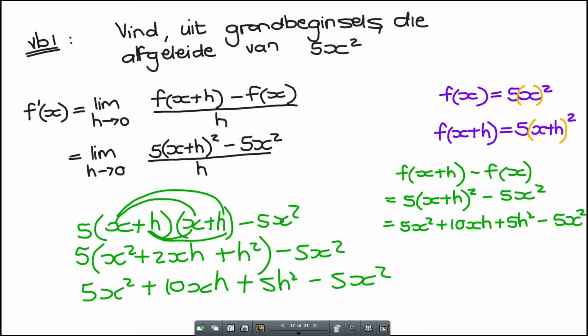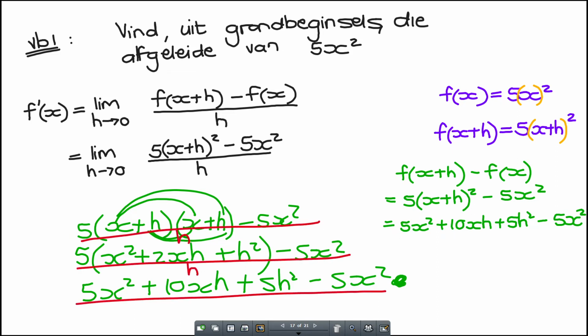Do you have to have? No, you could technically skip to this. Dit is hoekom ek sê, because you might not like writing that over h, and then this over h, and then this over h. Okay? Dis 'n klomp skryf. So dit is hoekom party kinders daarvan hou om dit hier langs die kant.